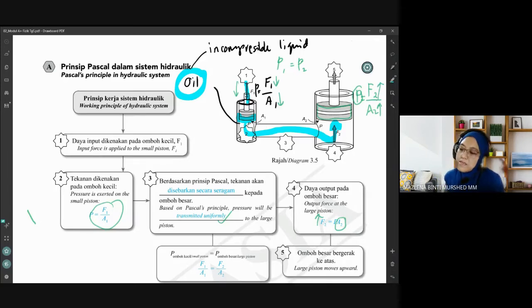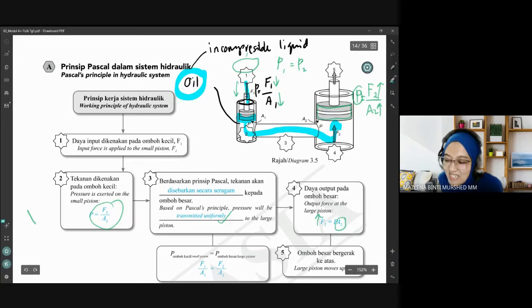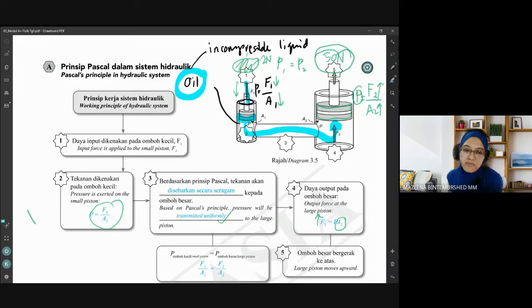Meaning that let's say if you have a small thing like an apple, or oil palm fruit here, it can produce a large force. One small force here can lift something with a bigger force. Let's say here is 2 Newton, you can produce 50 Newton. The lift force produced in piston 2 is 50 Newton.